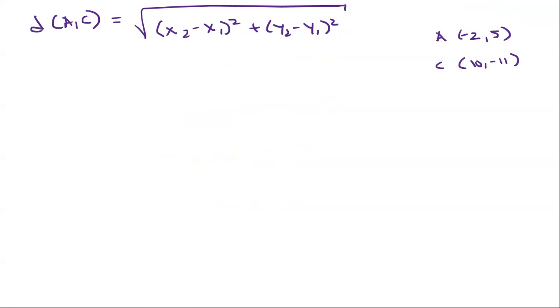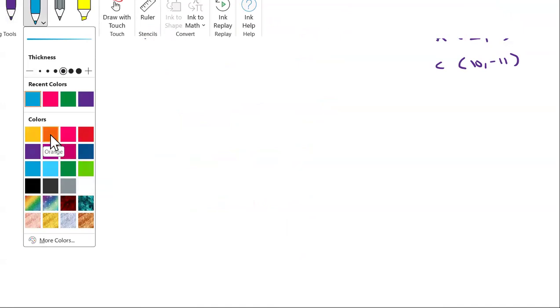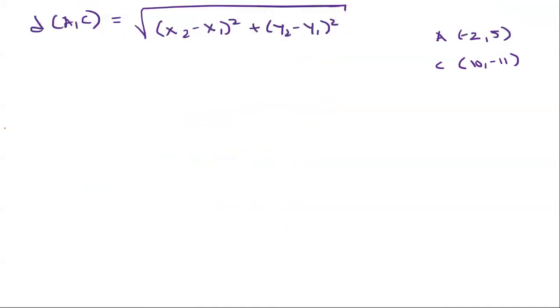Again, I already have my coordinates listed, so I just need to apply the distance formula. I label this x1, y1, and x2, y2. We have x2, which is 10, minus x1, which is -2, squared. Then we have y2, which is -11, minus 5, squared.